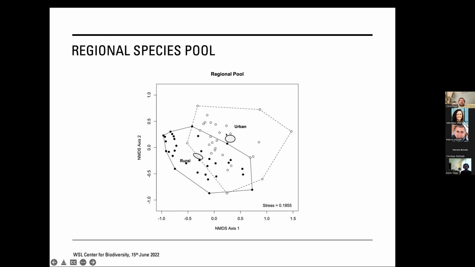This is the centroid, or the average, of the open points for urban, and this is the average for the dark points for rural. This shows the weight of the distribution of the points for each one. And this is the convex hull to show you basically the limited space for each one. What I'm trying to show you here is we get a good separation in composition between the urban and rural. So we do get differences in taxonomic composition between the two source pools.